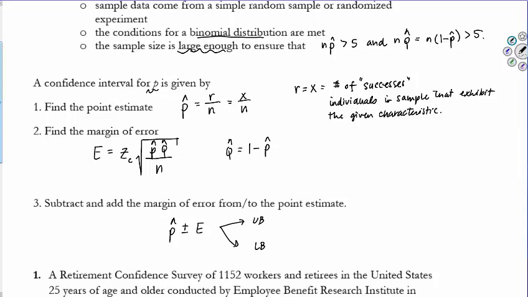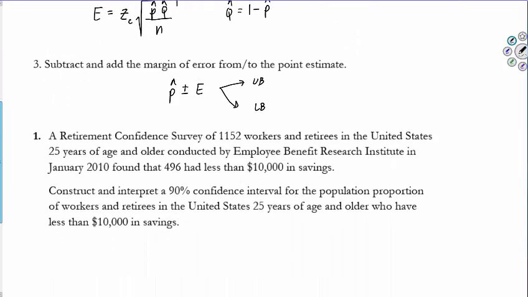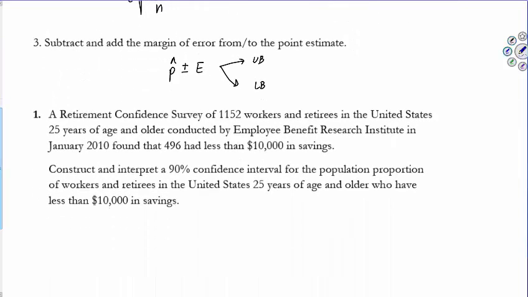So here's an example: a retirement confidence survey of 1,152 workers, that's a sample size, revealed that 496 had less than 10,000 in savings. That's the number that exhibit the characteristic, which is less than 10,000 in savings.